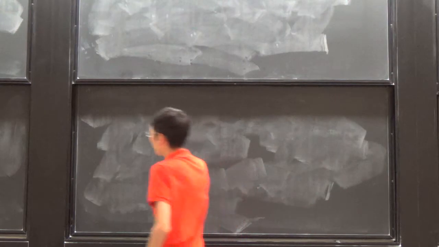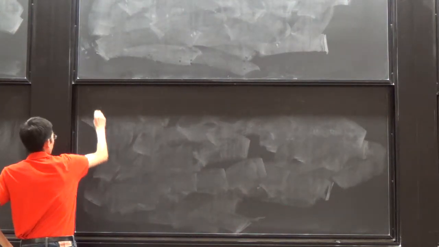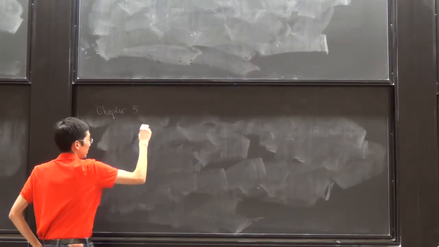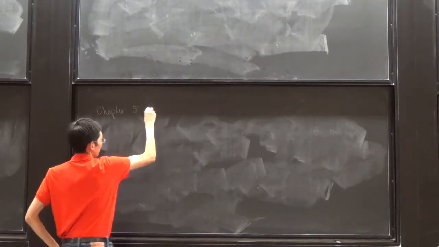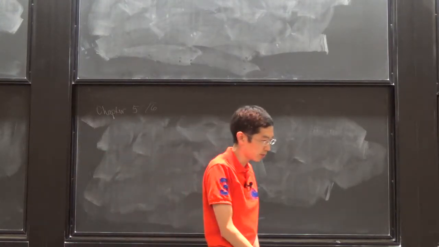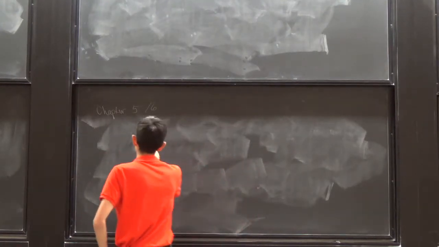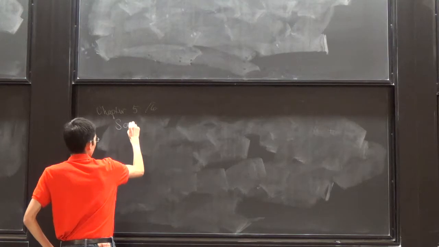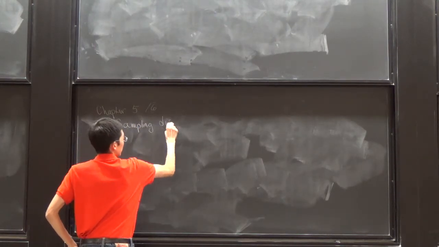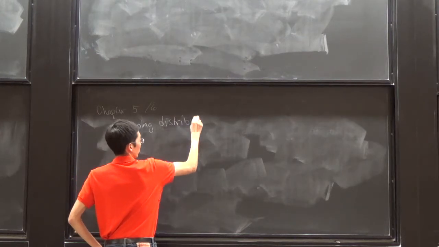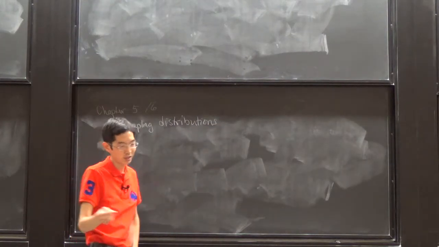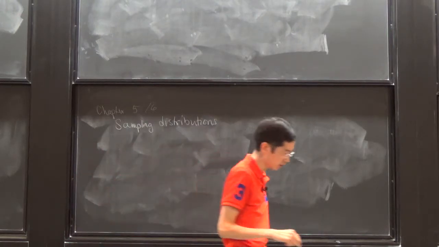All right. So today we are moving on to chapters 5 and 6, and we are going to learn about sampling distributions, and our first exposure to statistical inference.